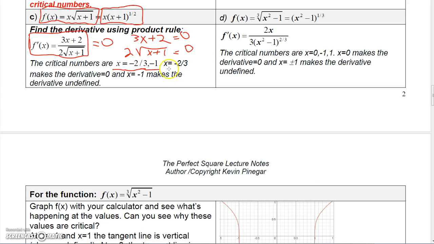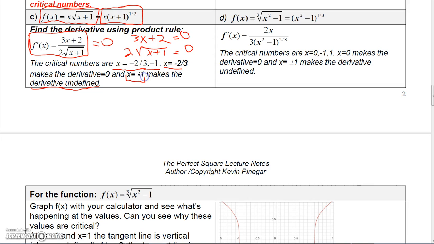Now, let's talk about why the two make it our critical numbers. Negative 2/3 is a critical number because it makes the derivative equal 0. And negative 1 is a critical number because it makes the derivative undefined. Now, if you remember that problem earlier, I said there was a number that made a derivative undefined, but I said it wasn't a critical number because it wasn't in the domain, or the function wasn't defined there.